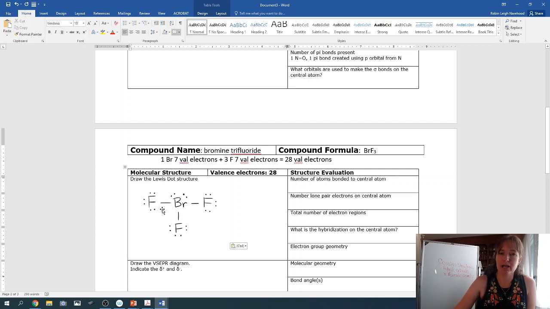Bromine is also a halogen, but the 1 bond and 6 dots only applies when it's an outer atom for halogens. If it's a center atom, then you use the rule for center atoms, which is you want to look at the number of bonds it has and see if it has a 0 formal charge. And so it did not. Bromine is in group 7, so it has 7 valence electrons, and it needs to have a 0 formal charge.